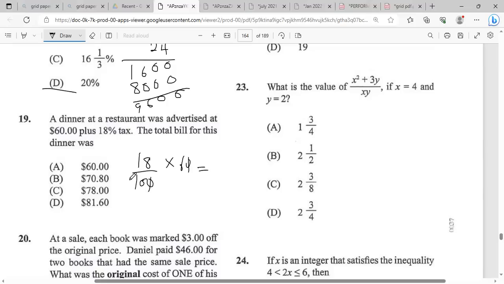Can use 2. 2 into this goes 5 times. 2 into this goes 9 times. 9 times 6 is 54 upon 5, which goes 10 times, and 4 over 5. 4 over 5 is the same as $10.80. So we add the $10.80 to the 60 as a tax, right? It's going to increase your bill.